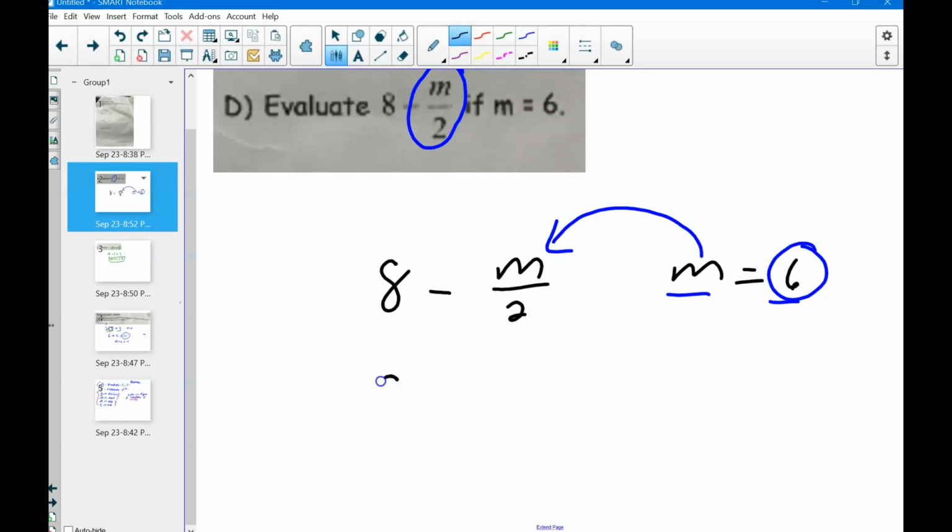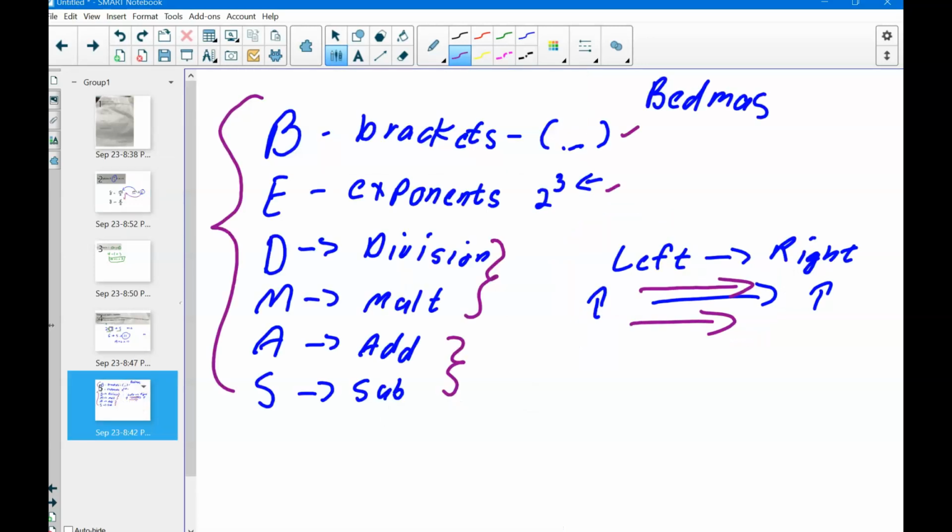Let's try this. We said 8 minus 6 over 2, because the m is now a 6, right? See how that goes. So that looks like a major mess, and we hate to see that. But looking back at the rules we just talked about, we said division and multiplication come before addition and subtraction.